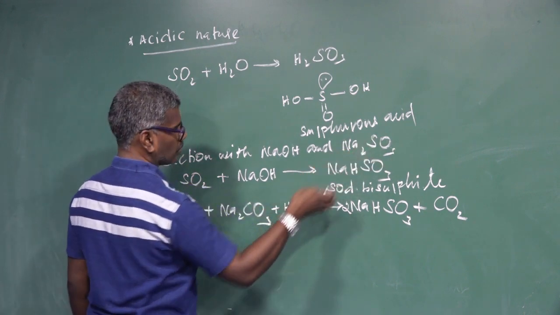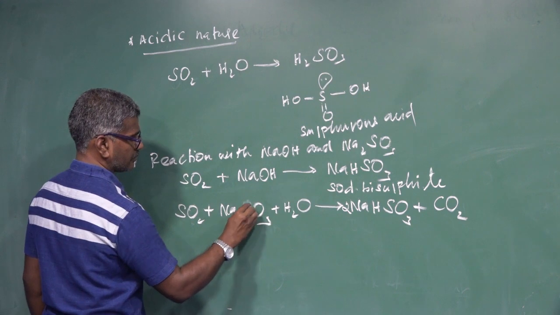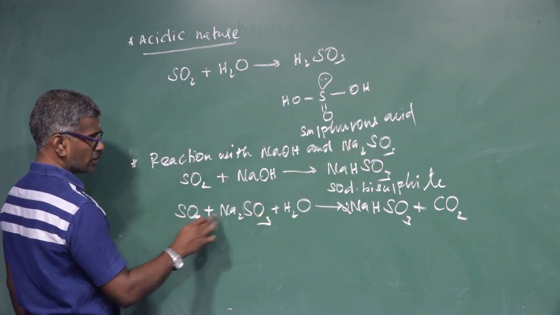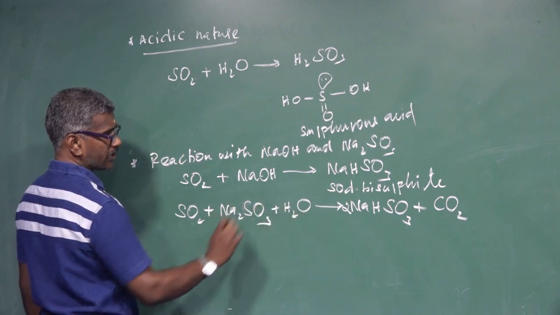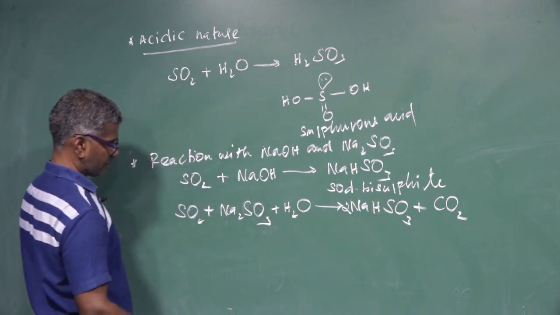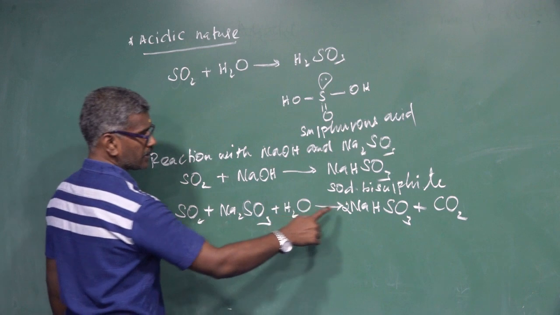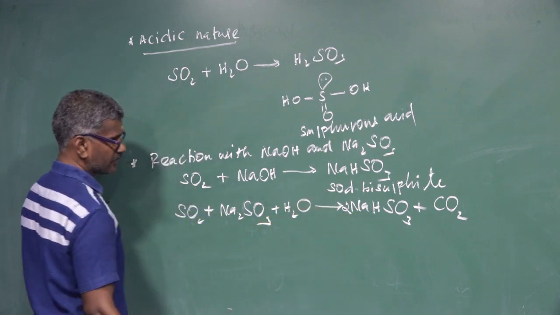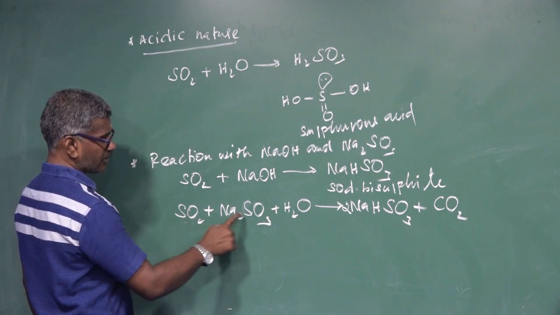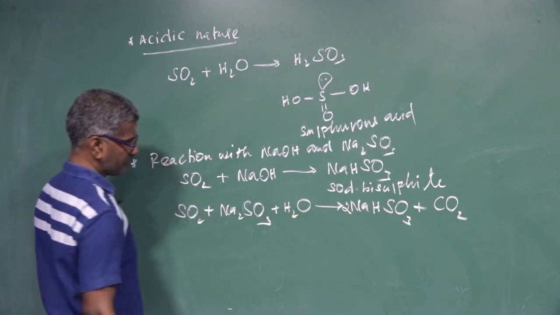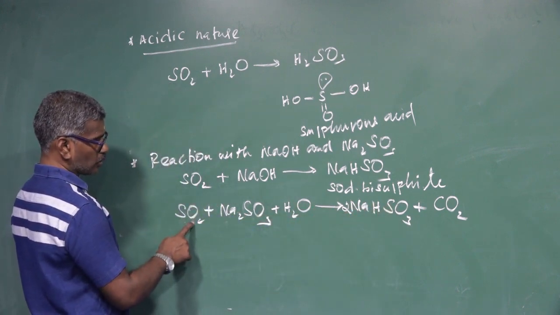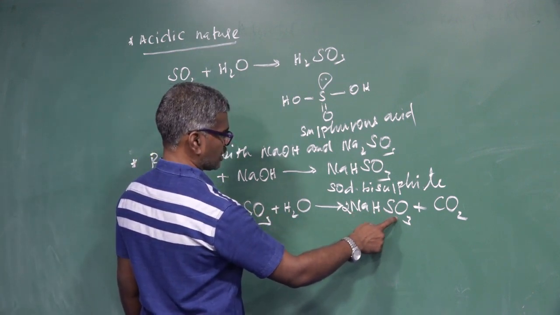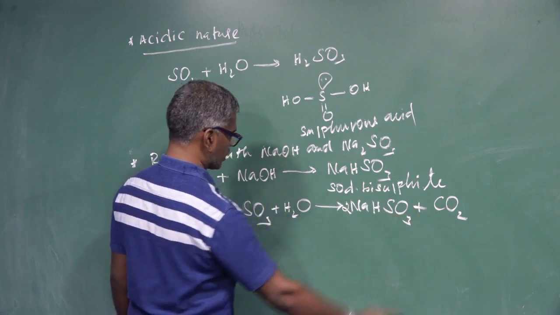Okay, here SO2. Sodium sulfide: SO2 reacts with sodium sulfide and water. Okay, so 2 sodium, here 2 sodium, hydrogen, 2 hydrogen, here 2 hydrogen, 1 sulfur, here 1 sulfur, 2 sulfur, oxygen, here 2 plus 5 is 6, here 6, here 2.